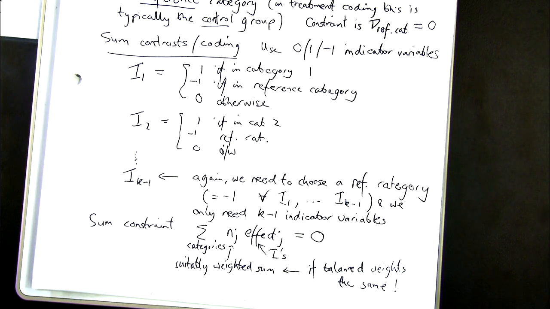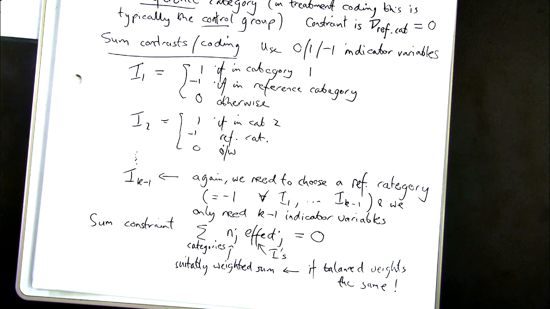Okay, so we don't actually have to code those most of the time. If for some reason the R defaults didn't give us the things in the right order, didn't put our control group first in treatment categories, we could recode. All we've got to do is create these indicator variables in the background, C-bind them together, and they represent the variable. And notice they don't just have a single column, a single slope coefficient.